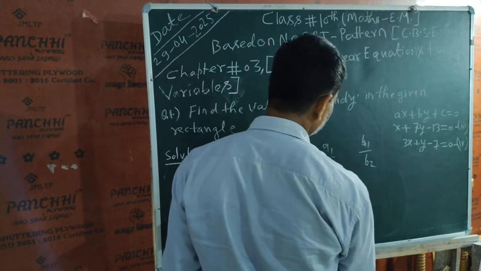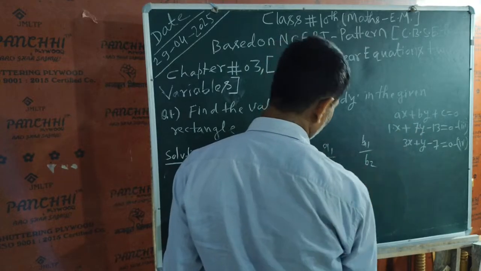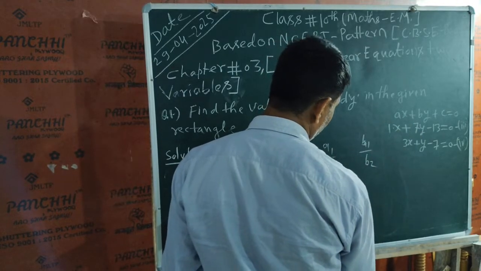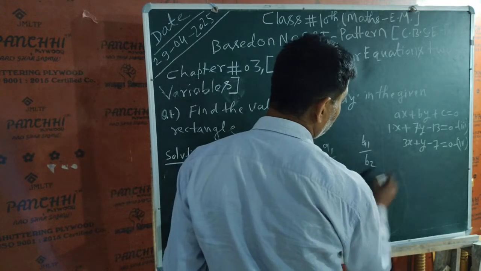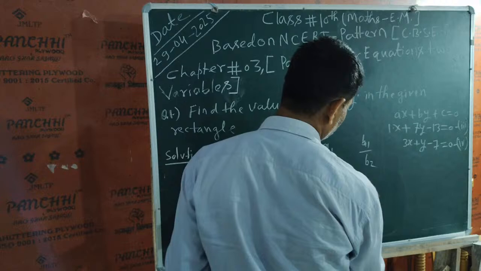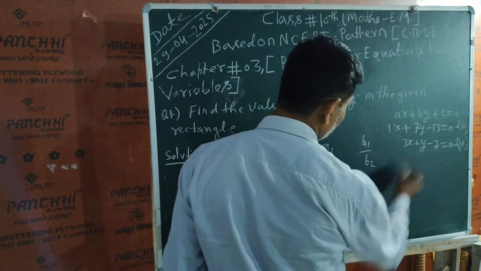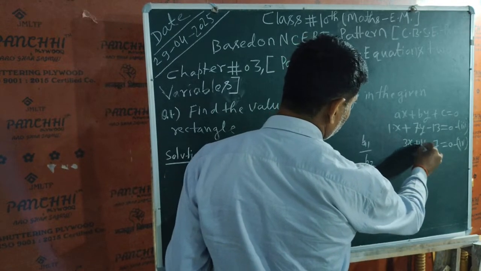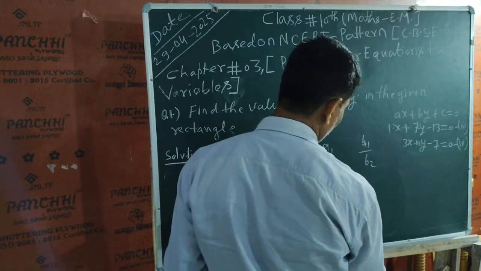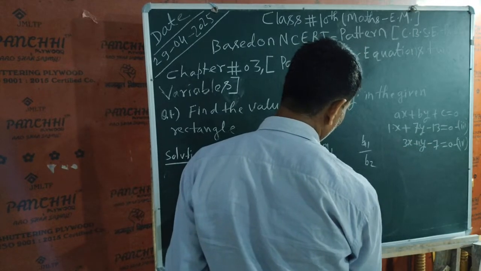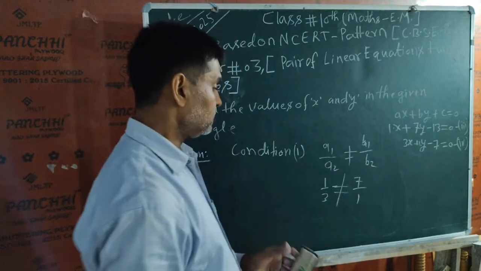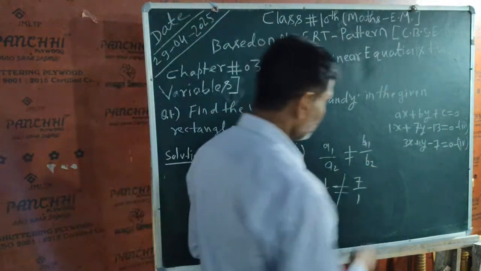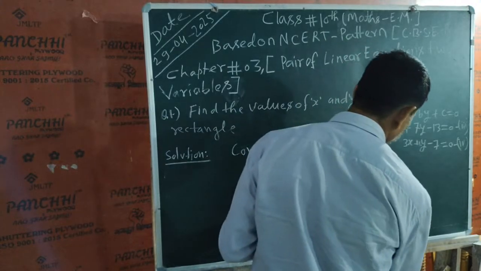In this equation the coefficient of x is 1, and in this equation the coefficient of x is 3. Now I will take the coefficient of y, that is 7, and here the coefficient of y is 1. So both are not equal to each other. It means that there is a unique solution.